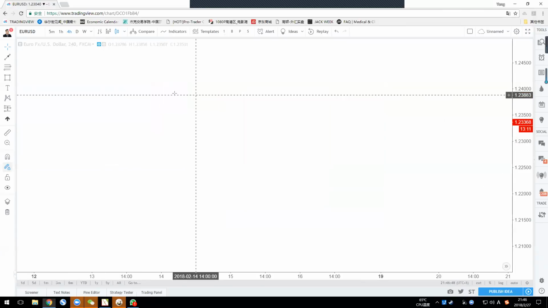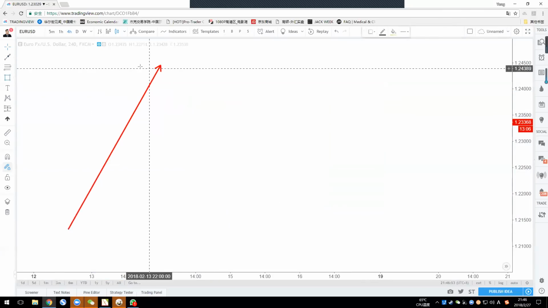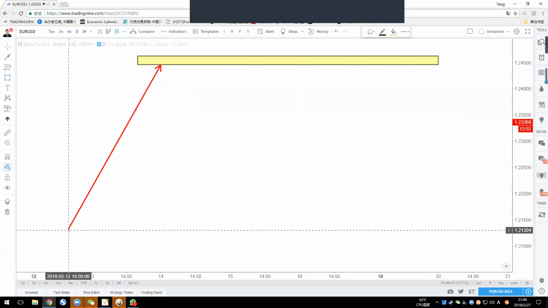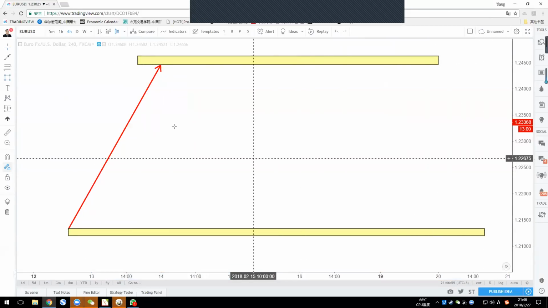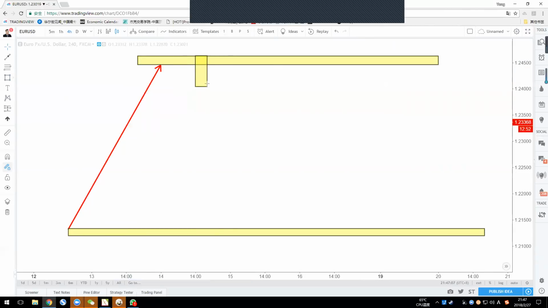If the price goes to the high, imagine this is a very strong resistance level. Imagine this is a very strong support level. So at this top, if the price didn't break up and forms an inside bar, you should be prepared to trade the sell. Understand?